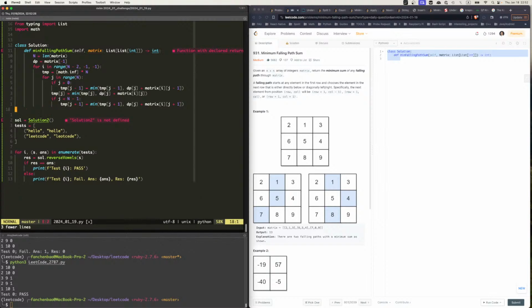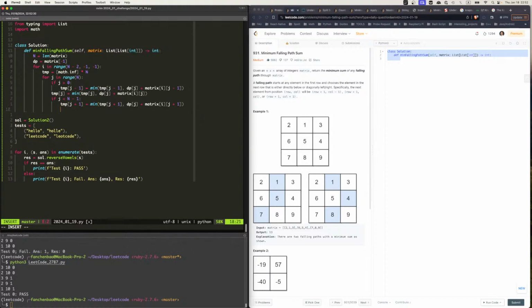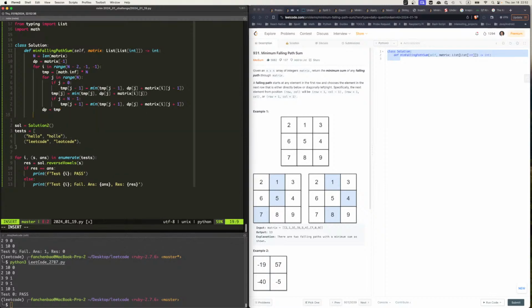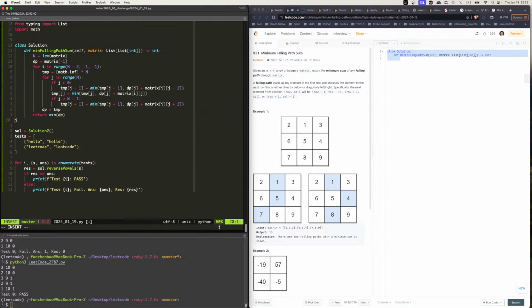There we go. Okay, so we handled everything. Once we handle everything, dp shall equal temp, and now we keep going, and then we return the minimum of dp. Okay, that's the solution we're gonna try.